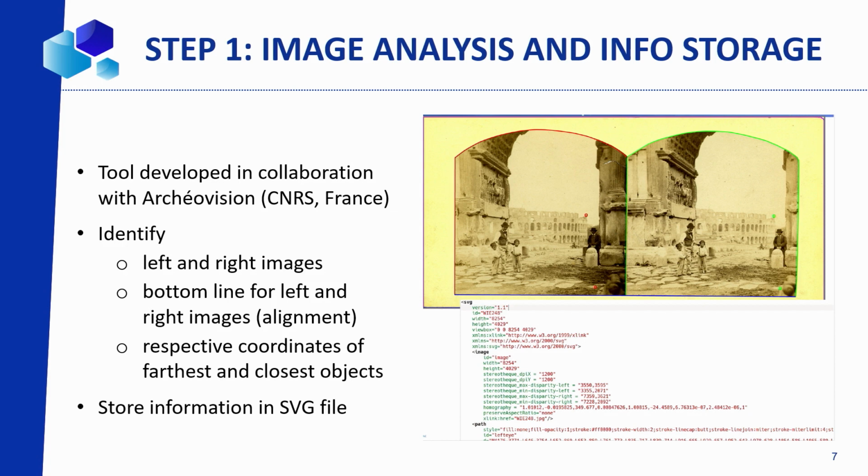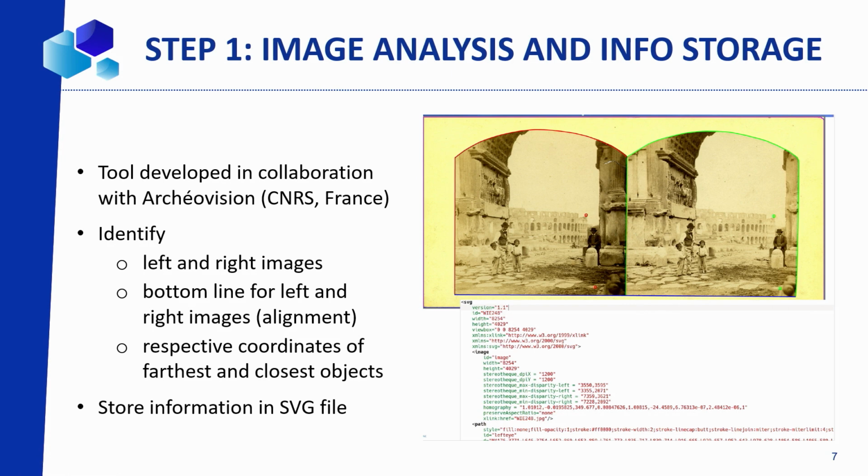So we identify the left and right image, the bottom left and bottom right for alignment purposes. We also determine the respective coordinates of the farthest and closest object. Here you can see, they're very, very small, but there you go, the red dot here and the green dot here, red dot here, green dot here. These are the closest and farthest objects you can see in that scene.